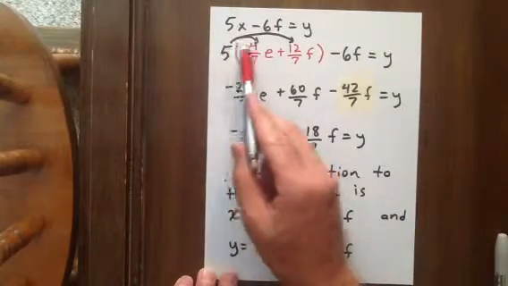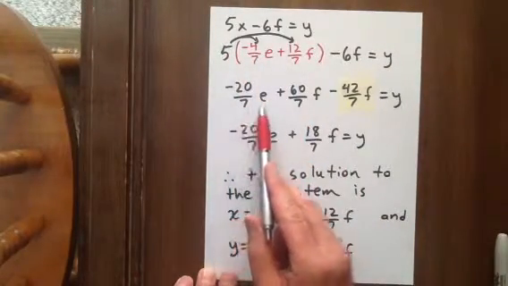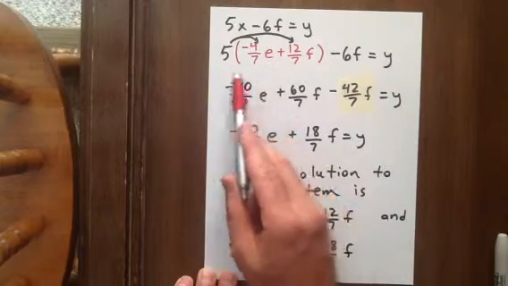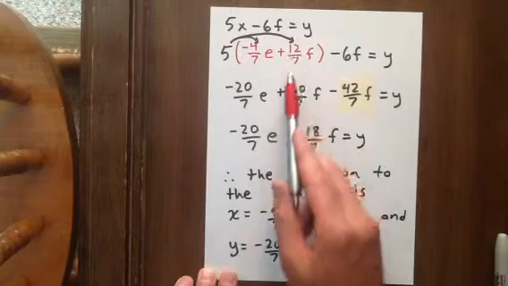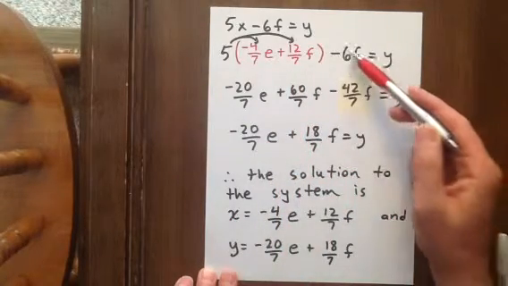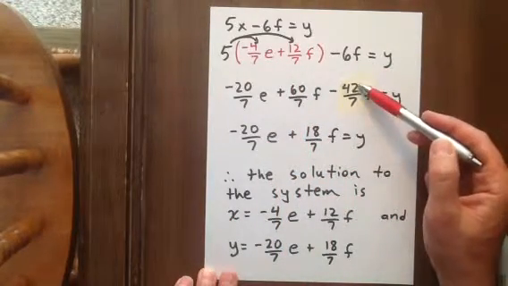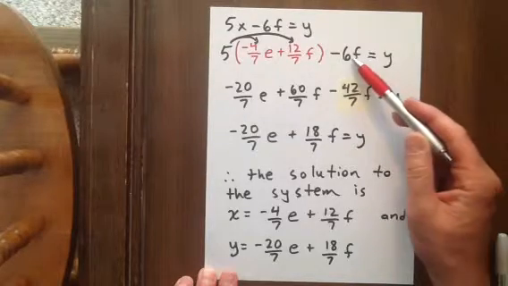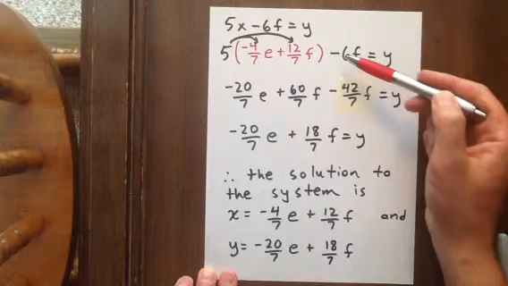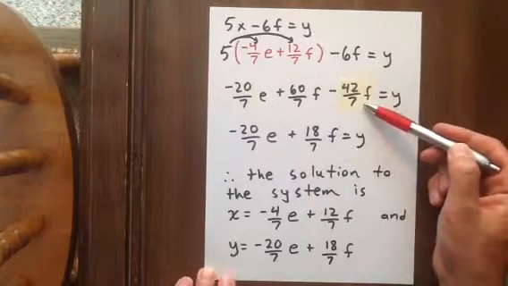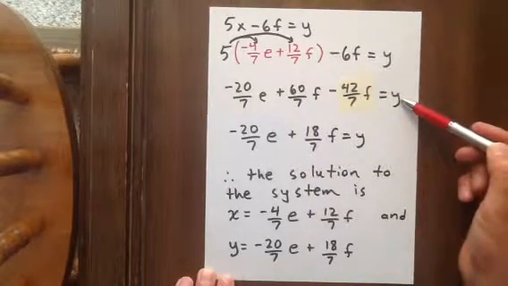We can distribute in that 5 and get negative 20/7 e plus 60/7 f minus, I convert that to 42/7 so that we can easily collect like terms, equals y. So 6f is 42/7 f. All that equals y.